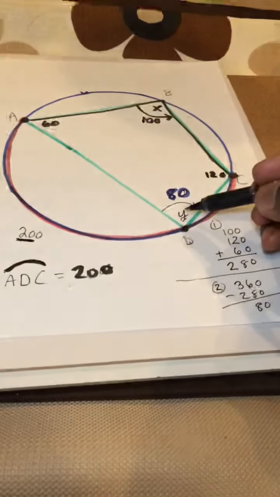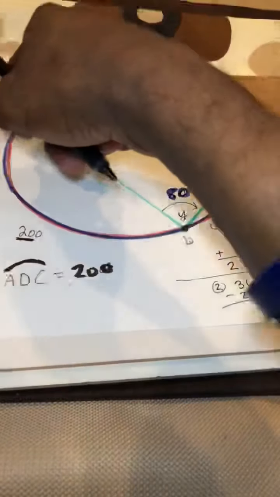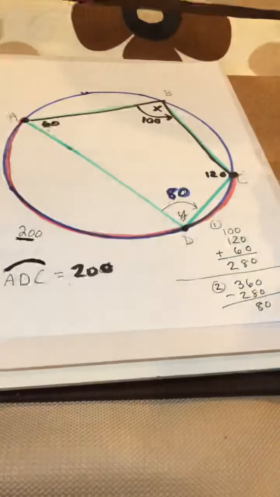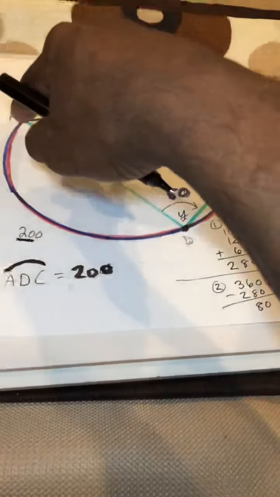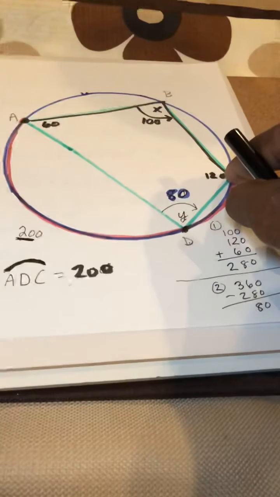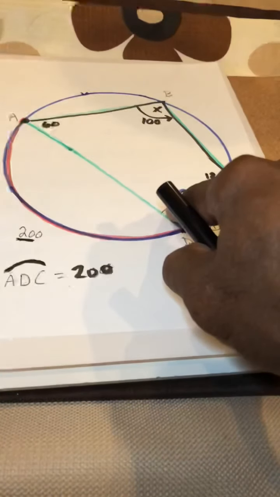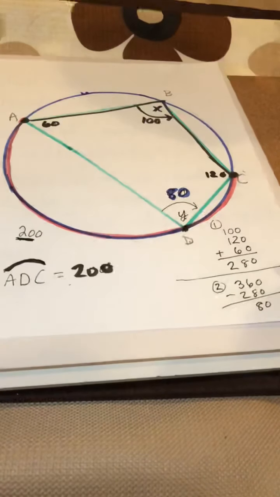Obviously you could find y by knowing A, B, C, this entire arc. And there may be situations where one student might solve this same problem one way by finding A, B, C first, then find y directly without using that 100, or the fact that the sum of the quadrilaterals is 360.